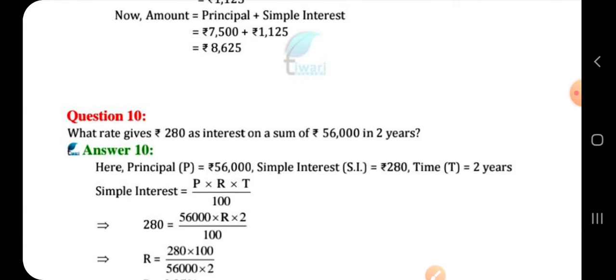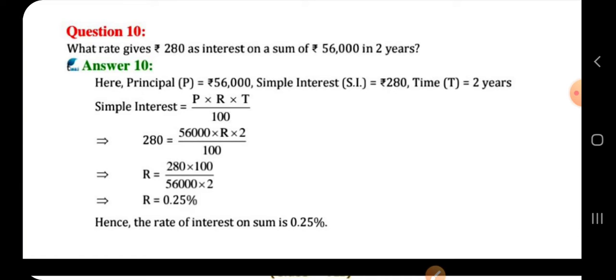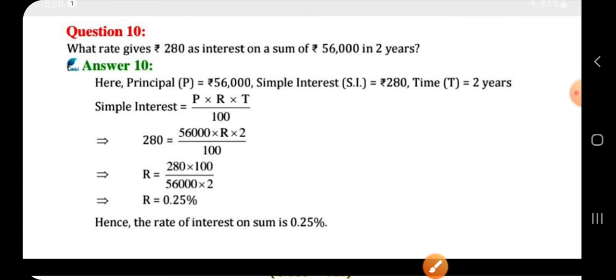10th one. What rate gives 280 rupees as interest on a sum of 56,000 in 2 years? I hope you all know this. What is the meaning of interest? In Gujarati we call it vyaj.